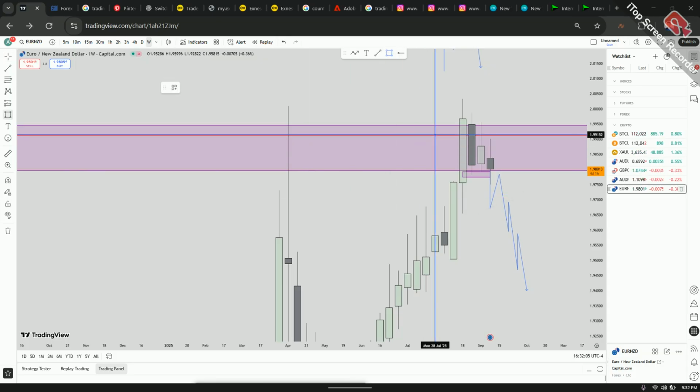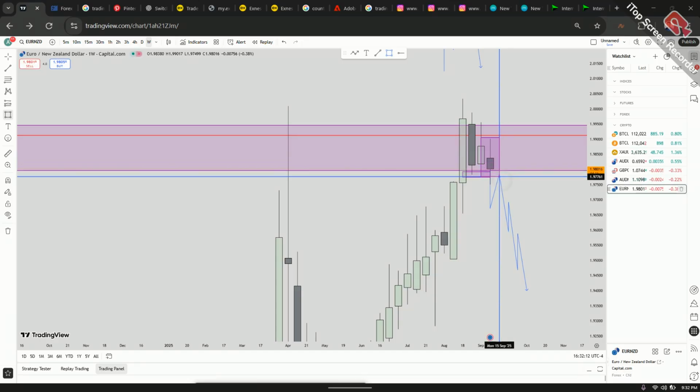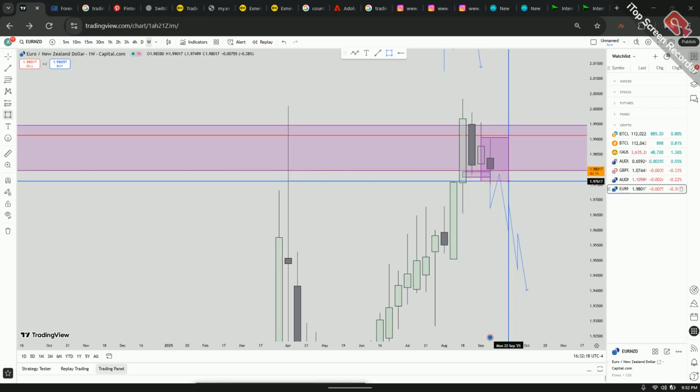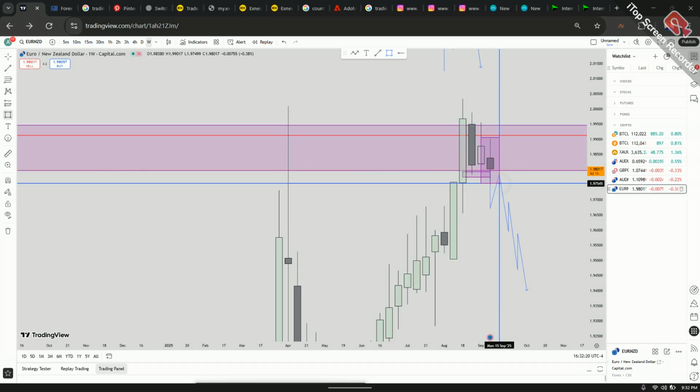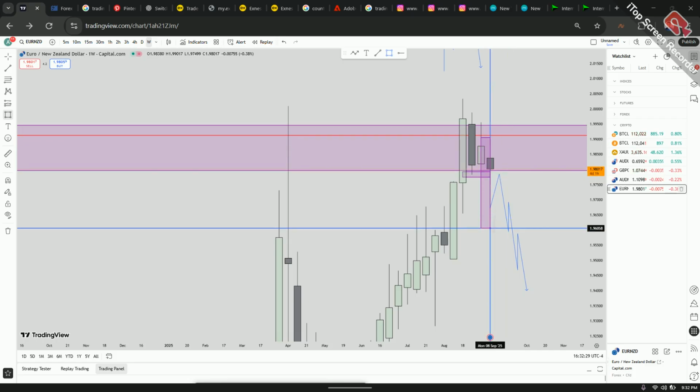Now, this is the candle for this week. So this candle you are seeing here was created yesterday or today, probably 12 a.m. or 1 a.m. This candle started opening from here down to here. So you can see signs of rejection.